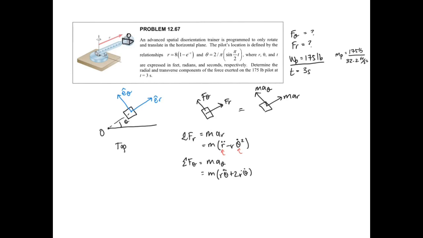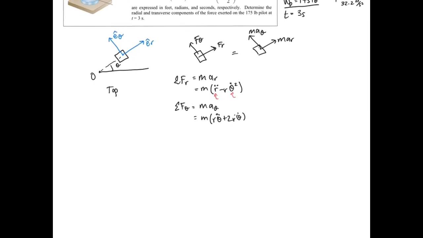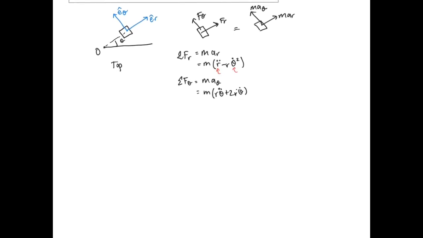To solve this problem, all we have to do is say R is equal to 8 times 1 minus e to the negative t. The derivative of this is 8 e to the negative t. The derivative of that would be negative 8 e to the negative t.